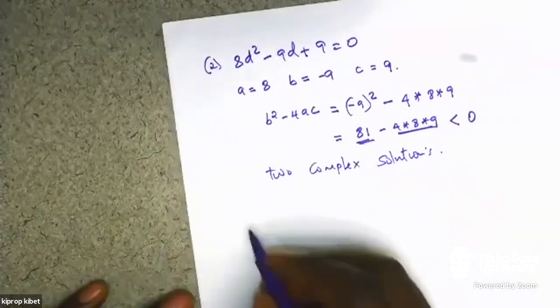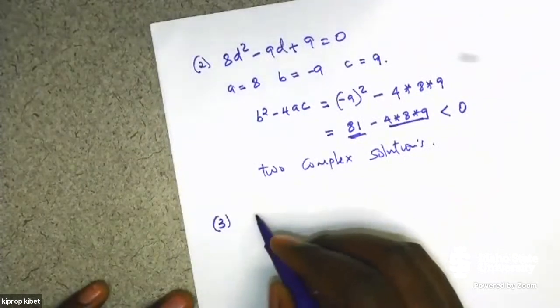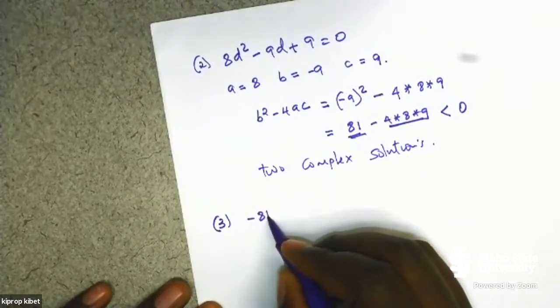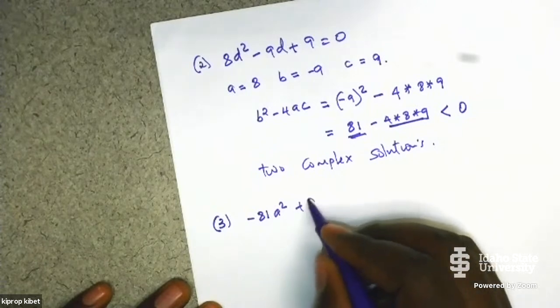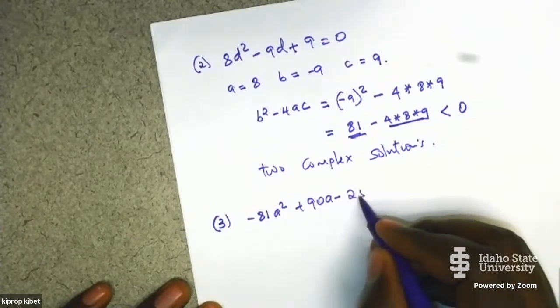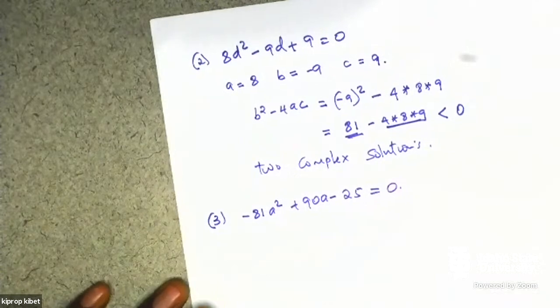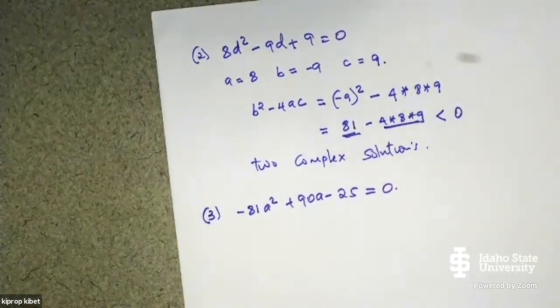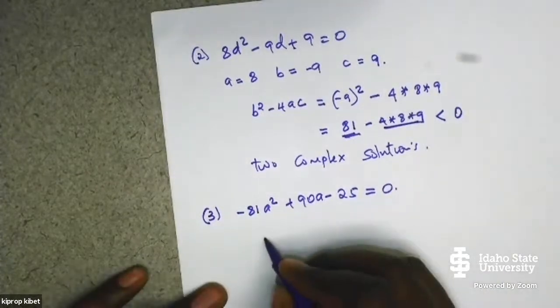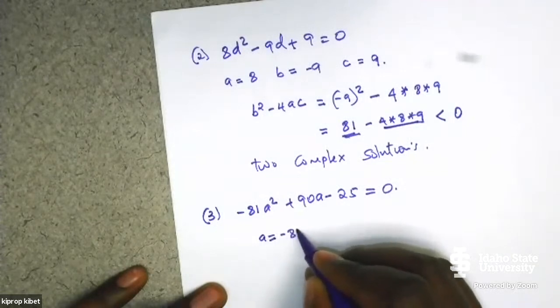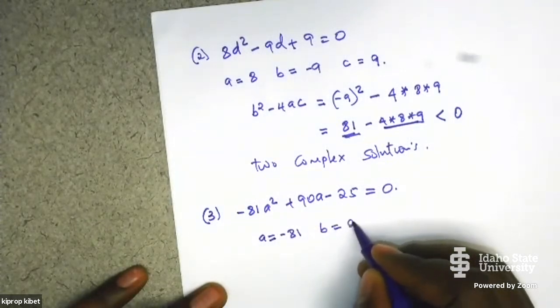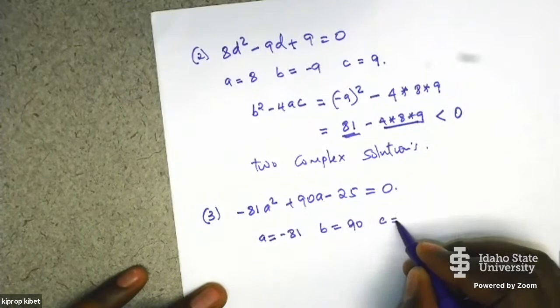Okay, number 3: minus 81a squared plus 90a minus 25 equals 0. Determine the number of solutions there. So our a is -81, our b is 90, and our c is -25.